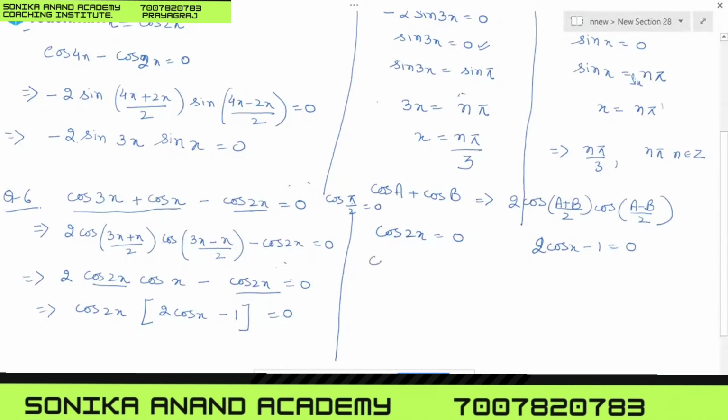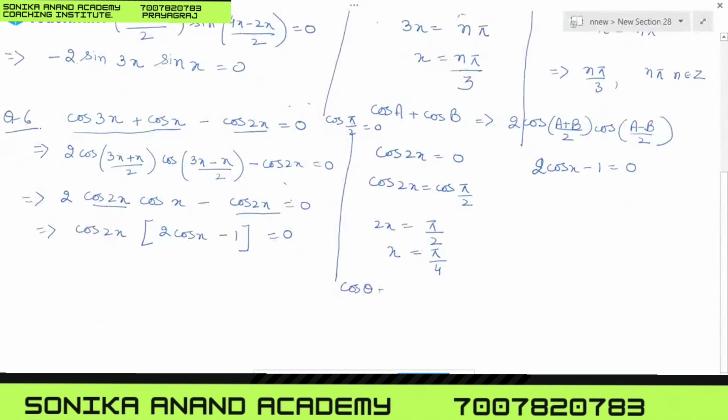So we write cos 2x is equal to cos pi by 2. That is 2x is equal to pi by 2. So x is equal to pi by 4. Clear?